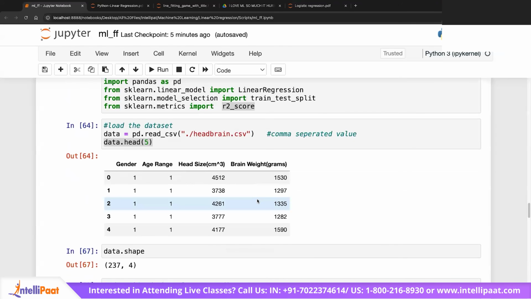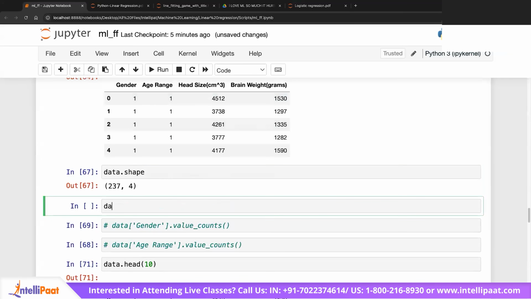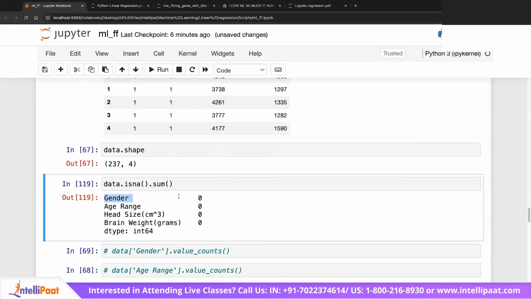So you don't have to worry about null issues. You see, gender has no null value, age has no null value, head has no null value, and brain weight has no null value. If you run data.isna().sum(), it tells you the null values. It has zero because I cleaned it before for you.